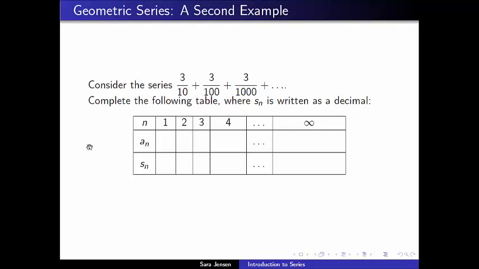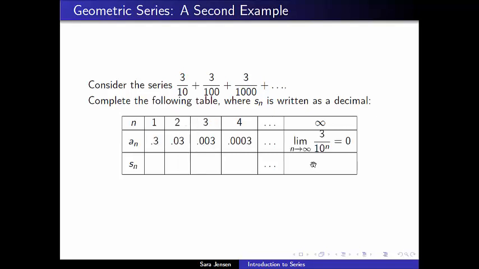And the real trick to figuring out what this series adds up to, for this particular example, is to represent each of these values in their decimal equivalent. So instead of talking about 3/10 as the first term, I want to think of the first term as 0.3. That second addend, 3/100, I want to think about that as 0.03. The third addend, 0.003, and so on and so forth.